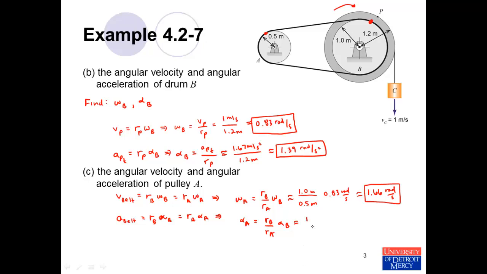And so again, the angular acceleration of body A will be twice the angular acceleration of body B, where body B had an angular acceleration of 1.39 radians per second squared. We multiply that out, we get that the angular acceleration is 2.78 radians per second squared. And that brings us to the conclusion of this example.